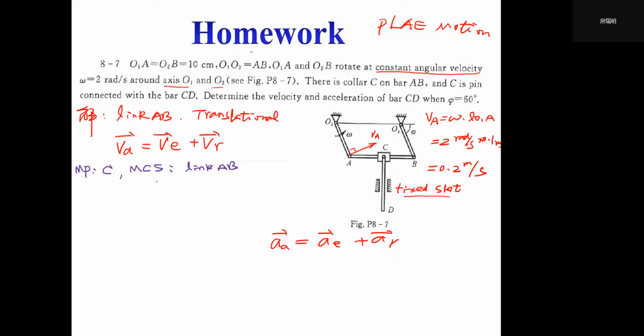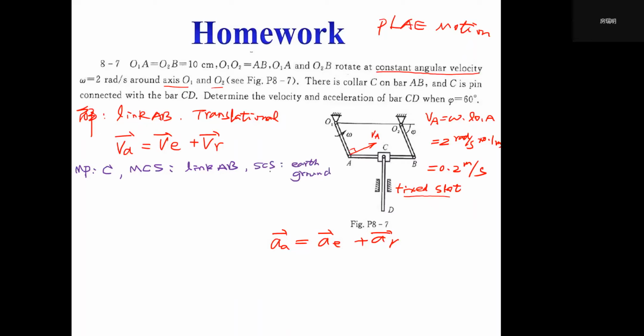We should use this selection because when we imagine that we are sitting on AB, we look at this sleeve C, it will have a relative movement along AB, maybe along this direction, maybe along this direction. And our static coordinate system is always the Earth ground, right? That is what we have learned from chapter 8.